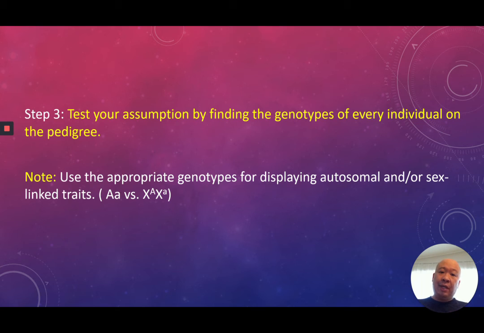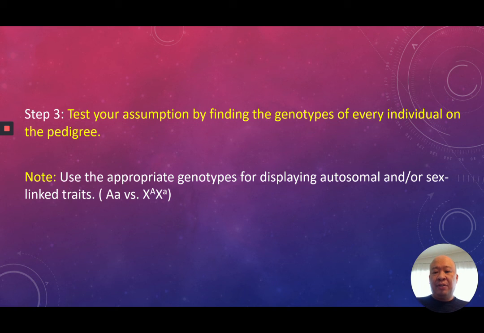However, if you have predicted a sex-linked inheritance pattern, okay, using just the letters, okay, the capital and lowercase letters, isn't enough. Okay. You also have to somehow include gender because it's sex-linked. So the only way to do that is to actually use the sex chromosomes and your uppercase and lowercase letters to represent genes.